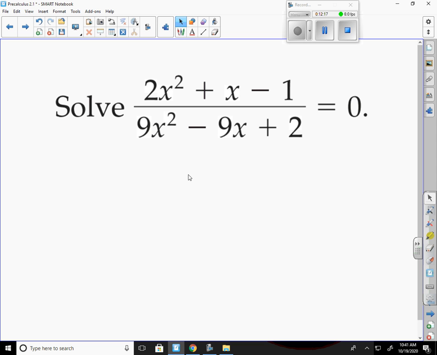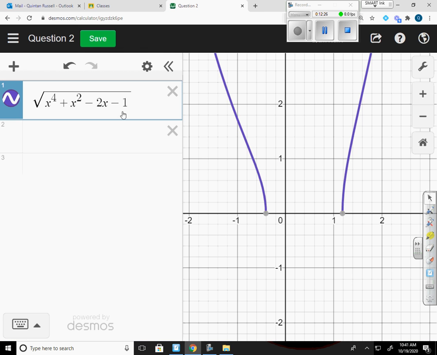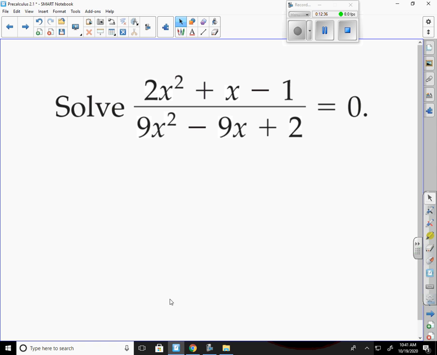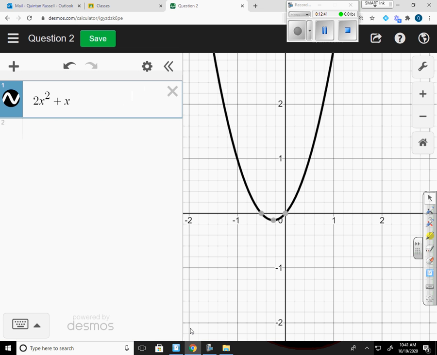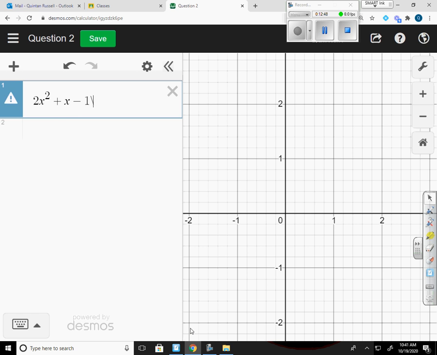Okay, last regular problem. I have 2x squared plus x minus 1 over 9x squared minus 9x plus 2. Again, no way I remember this. I'm surprised I remembered that much. Plus x minus 1. Now, the thing I like about Desmos is that it can figure out what I'm trying to do.